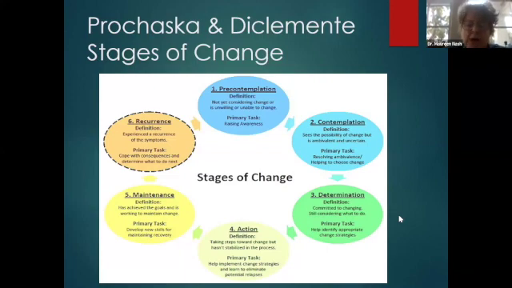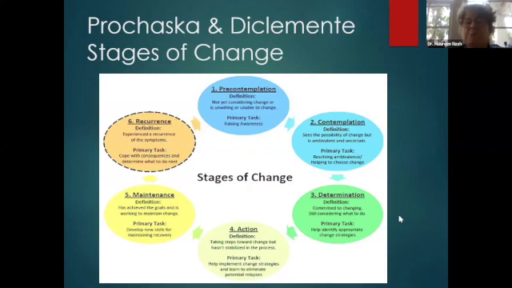When I assess someone and I believe that they have a substance use disorder and I'm diagnosing them with that, the number one thing for me to make sure I get into my note is what stage the person is at. Do they realize that their substance use is causing them some problems? Or are they still at a spot where the substance use is the solution and not the problem?